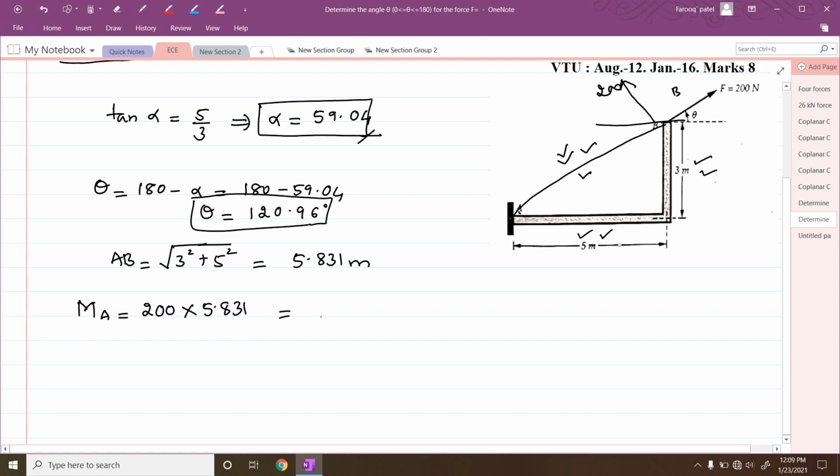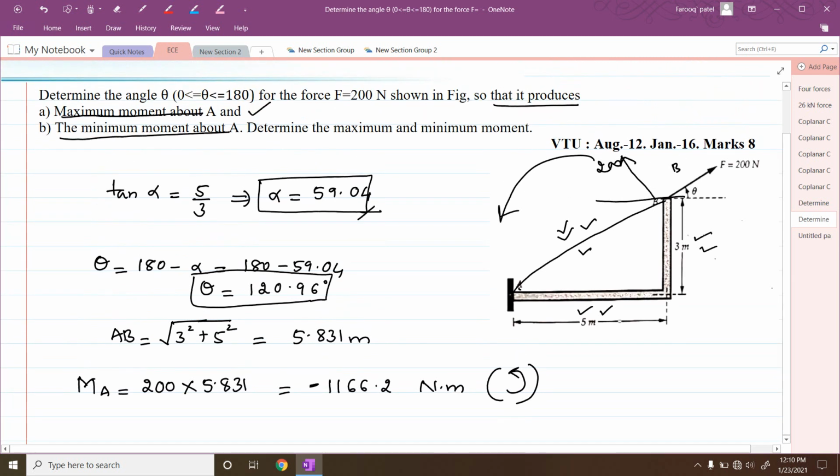So this answer will be 1166.2, and the unit will be Newton meters. This force is going to cause an anticlockwise moment, so you can show the direction as anticlockwise, or you can show a negative sign here. So this is the first case that we solved.